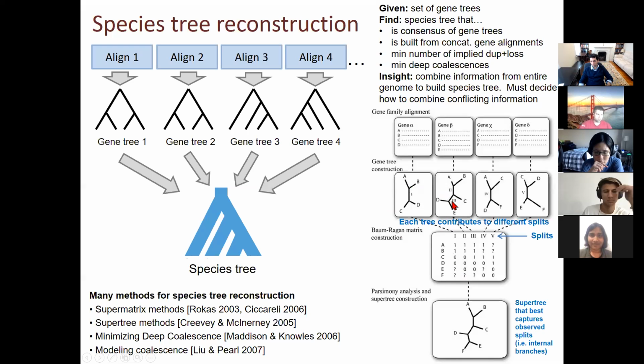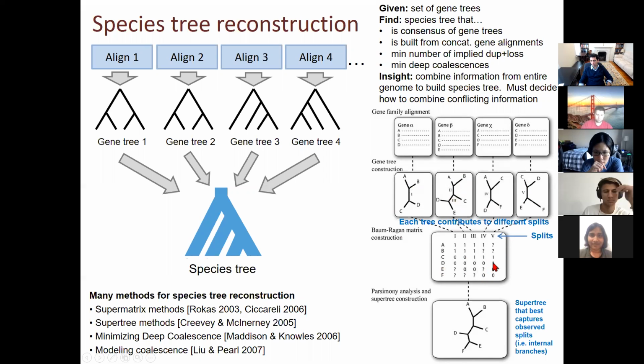Similarly, branch 2 and branch 3 here can distinguish. Branch 2 distinguishes AB on one side from CDE on the other side. Branch 3 distinguishes ABC on one side and DE on the other side. Branch 4 here distinguishes AC from DF, and branch 5 distinguishes CD from EF.